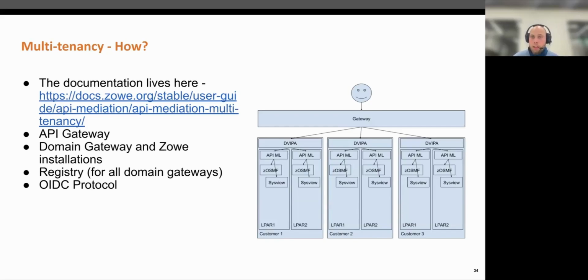What's important to mention here is that most probably some kind of operators will be the ones accessing it, or maybe your L2 staff, and not necessarily the staff of the specific customers. The staff of the specific customers is probably going to access their sysplexes just directly through the API mediation layer living there. But for your staff, you may need to integrate multiple different identities across those different customers. So for example, you will have some kind of L1 operator, let's name him Ashton.